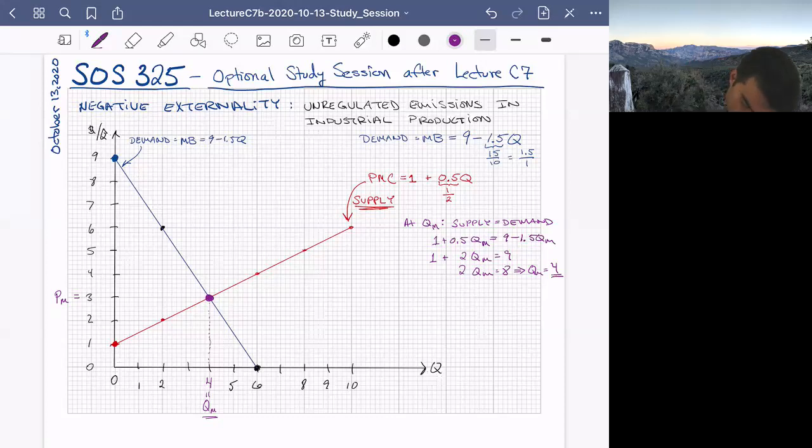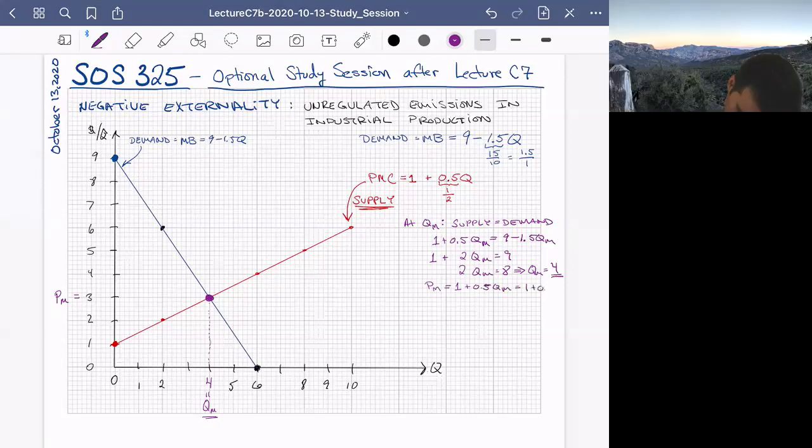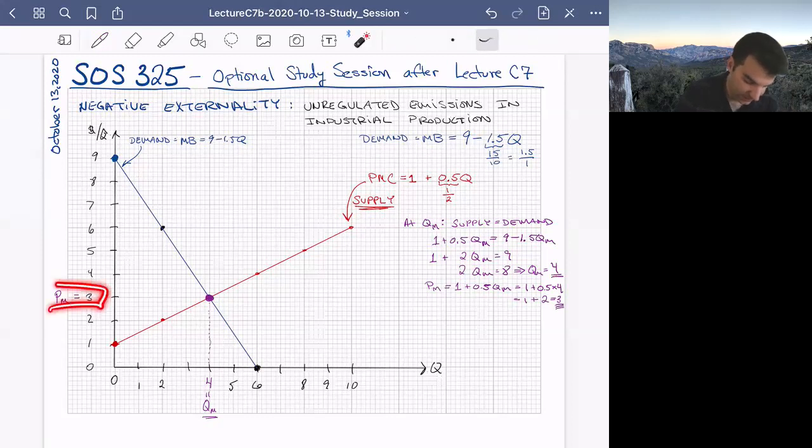I'll plug it into my supply curve: 1 plus 0.5 QM, which is 1 plus 0.5 times 4, which is 1 plus 2, which is equal to 3. And that is exactly what we got over here as well. So we now know for sure what that point is.